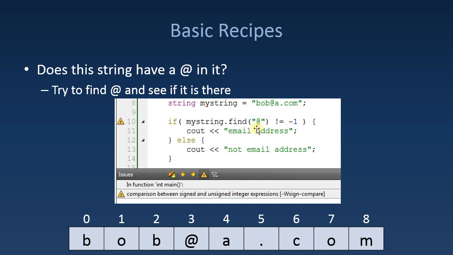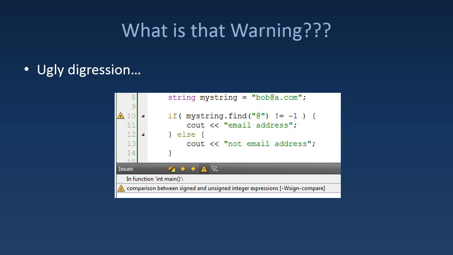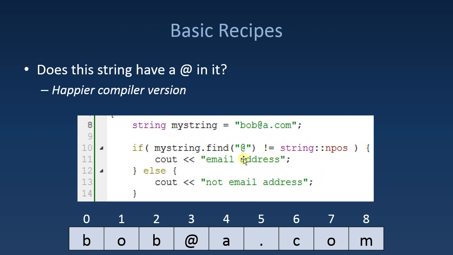Now, it turns out that if you compare that with the signed value -1, those two are equivalent. But the proper way to do this, and the way you'll see in the book, is comparing mystring.find to string::npos, the end position. Basically, this is guaranteed to always be the correct value for, hey, it's not there.